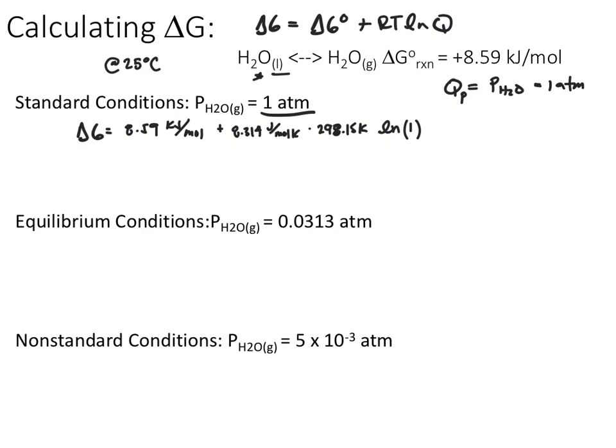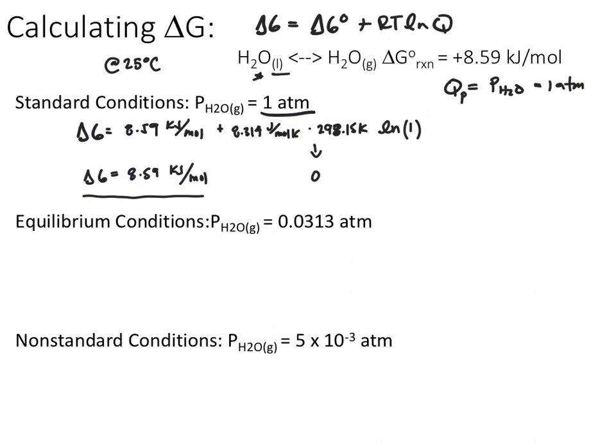Now, the natural log of 1 is 0, so this entire component becomes 0. And so our delta G is going to be equal to 8.59 kilojoules per mole. So in this case, at standard conditions, our corrected delta G value is equal to the 8.59.